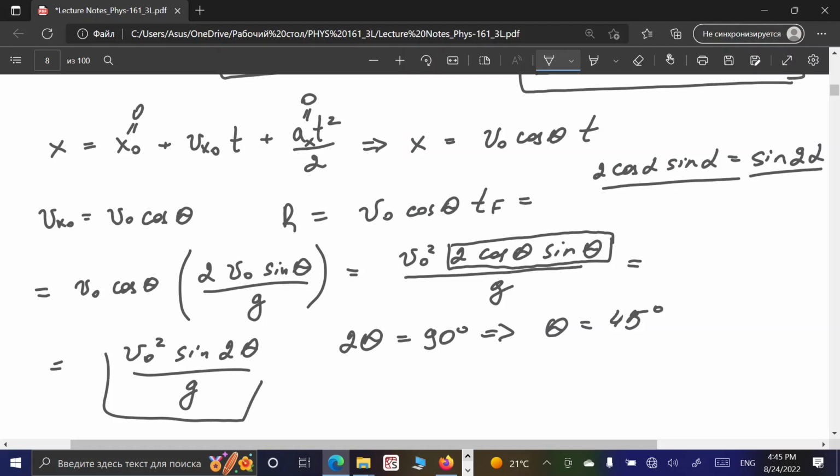So let us summarize. Today we continued our previous discussion and introduced velocity and acceleration vectors in vector form. That allows us to quantify the position of an object in a system with many dimensions, two and more, like two and three.